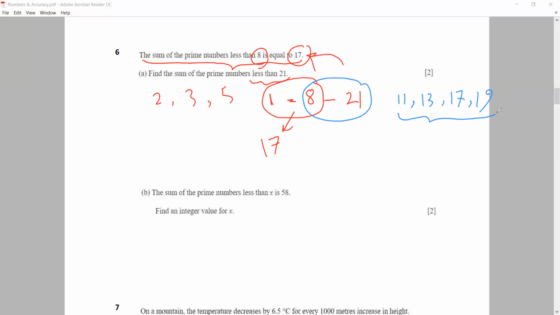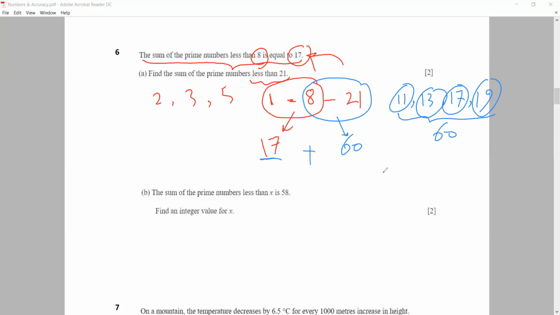For that, you can actually use your calculator, but these numbers are easy to work with. 11 and 19, that is 30. 13 and 17 is also 30. Together is 60. So between 8 and 21, the summation of prime numbers is 60, and before that it's 17, as stated in the question.